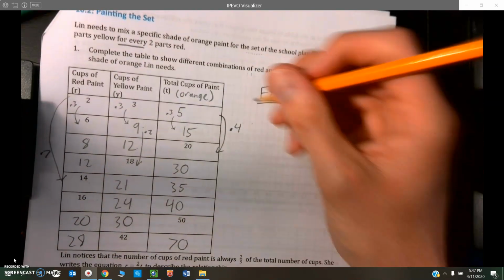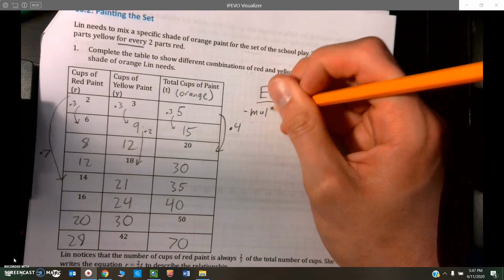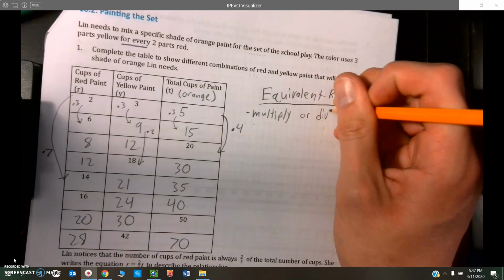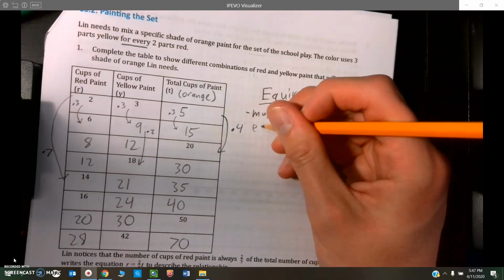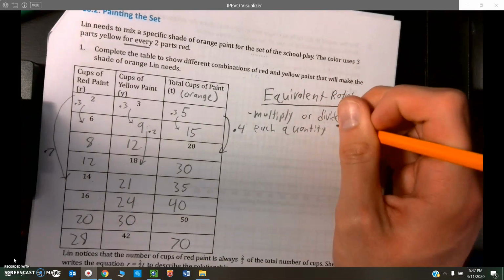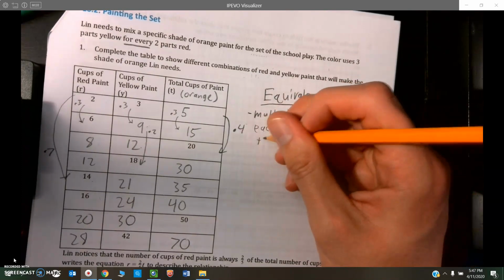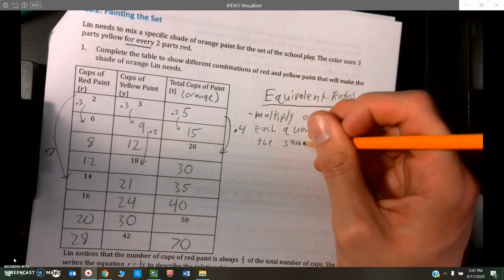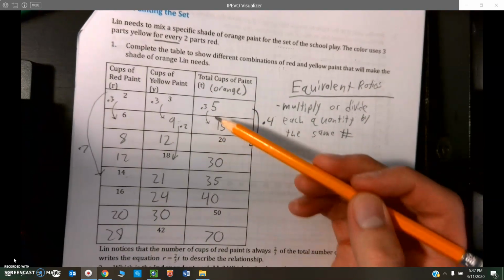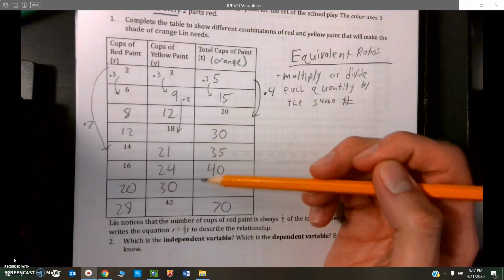Meaning we multiply or divide each quantity by the same number. And we do that so it makes the same shade of orange, right?